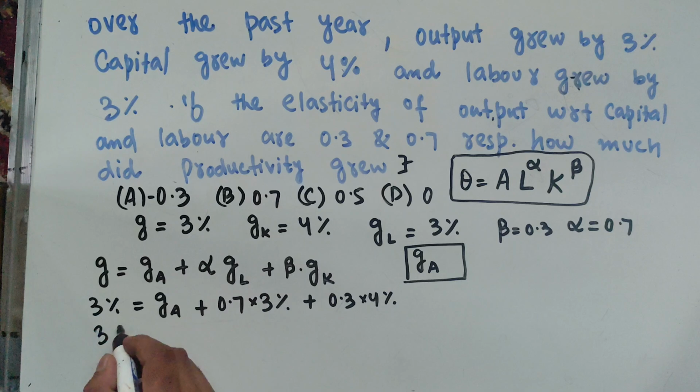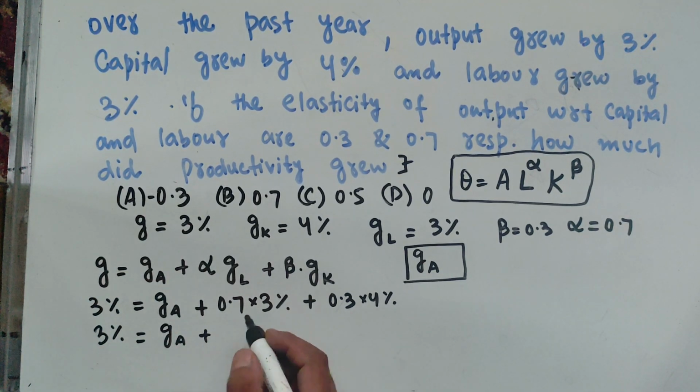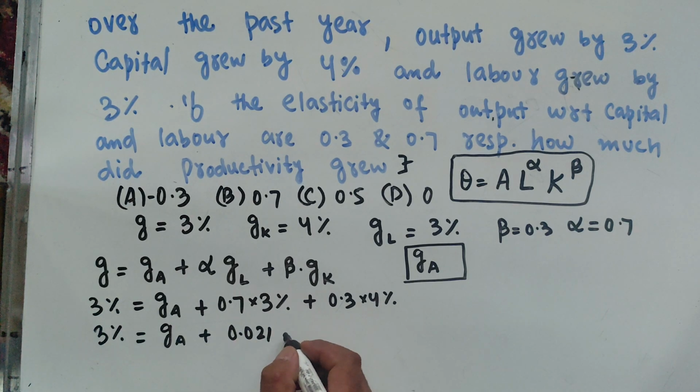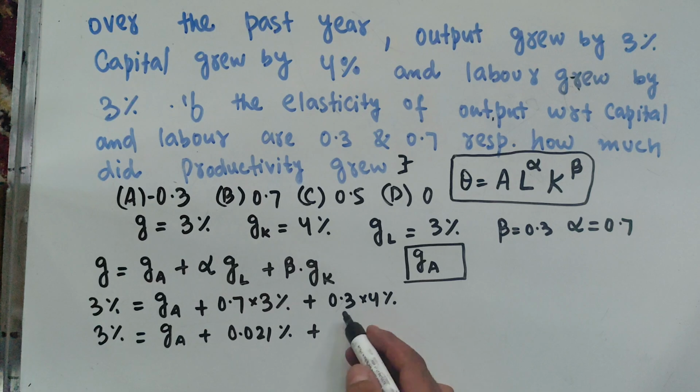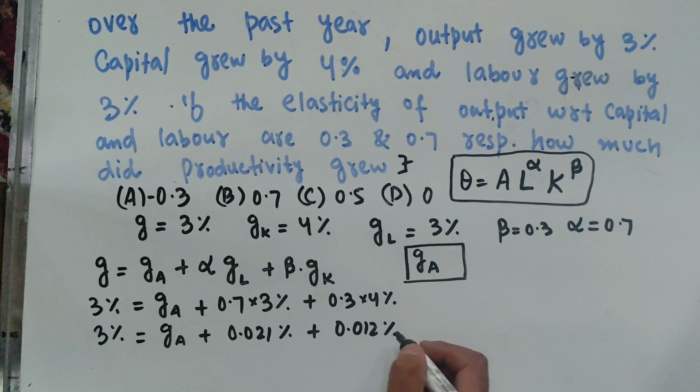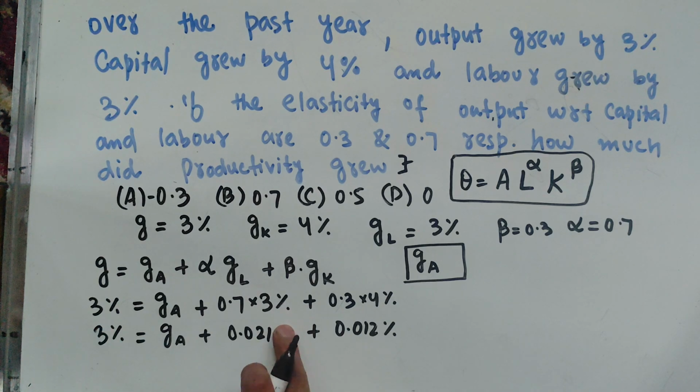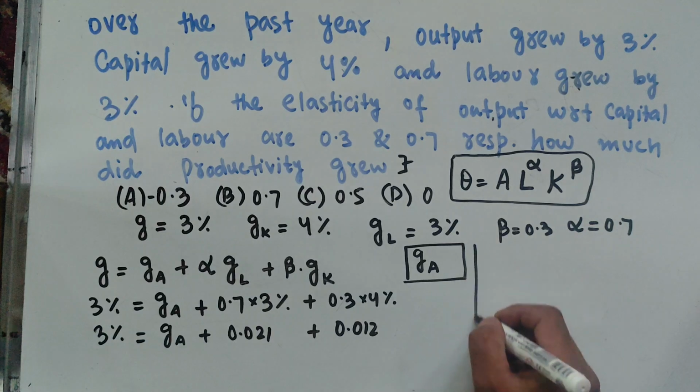Solving further, we have 3% is equal to growth rate of productivity plus 7 times 3 is 21, so it will become 0.021, plus 3 fours are 12, it will become 0.012, rather not in percentage form. Solving further, I hope I have done it correctly.